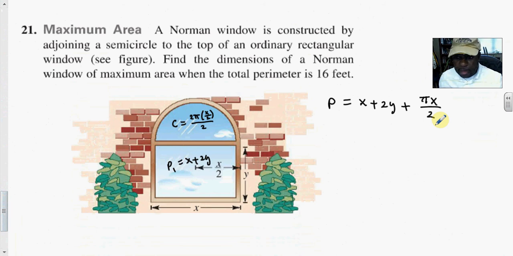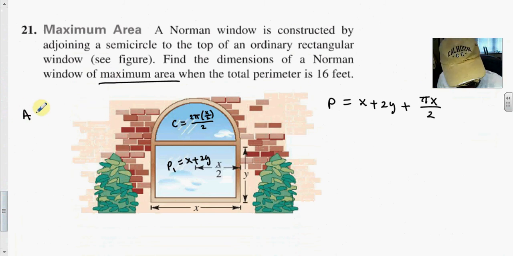Now what about the area? Why do you need the area? You want to maximize the area. So here, the area for the circle is going to be pi r squared divided by 2.